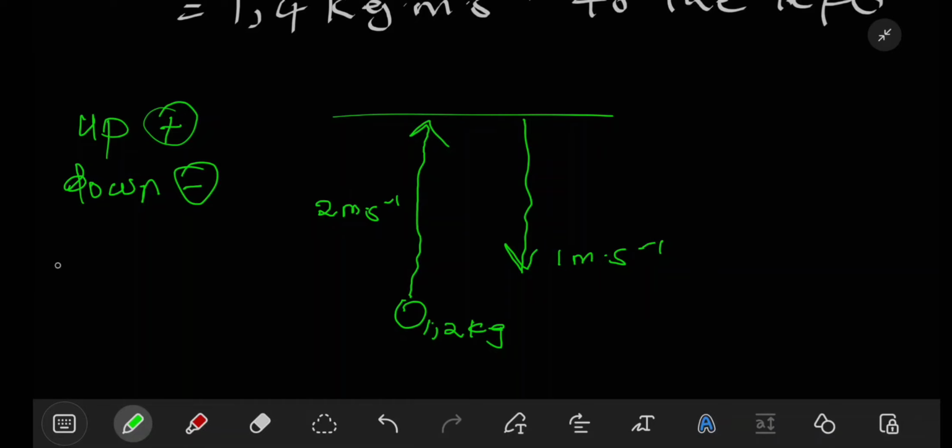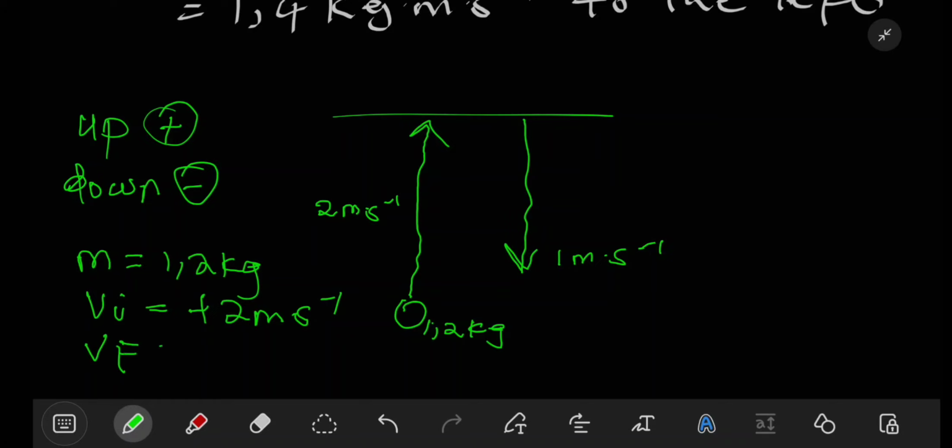So when we collect our data, the mass will be 1.2 kg, and the initial velocity, since we took up as positive, will be positive 2 meters per second. Our v final will be 1 meter per second, but it's going down, which means it will be negative 1 meter per second.